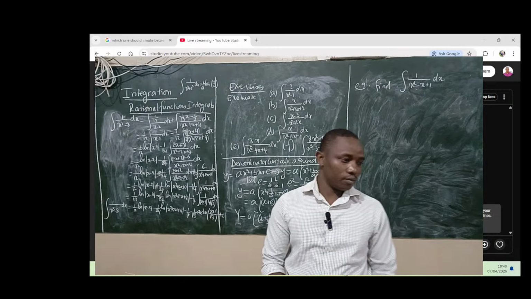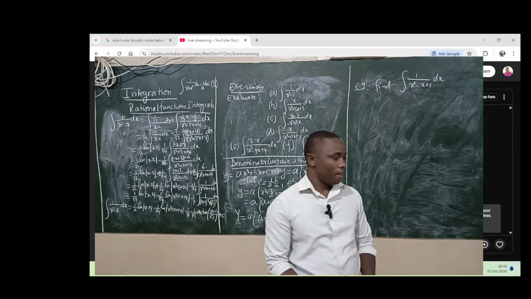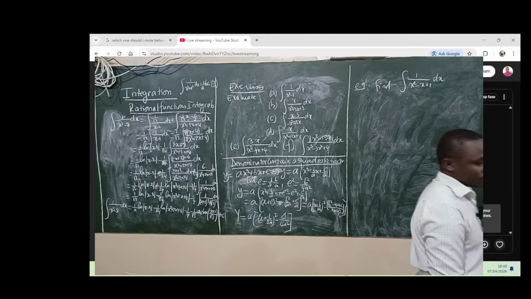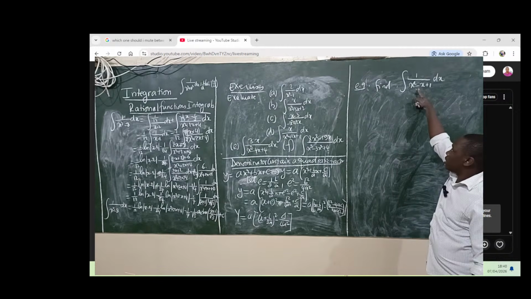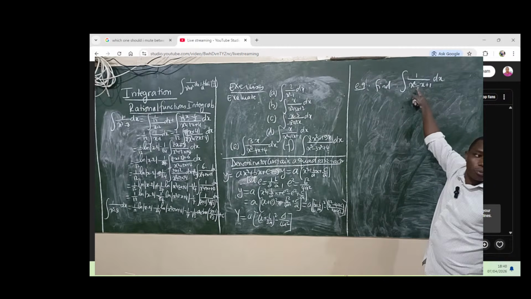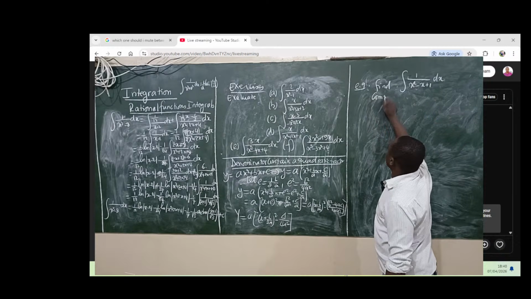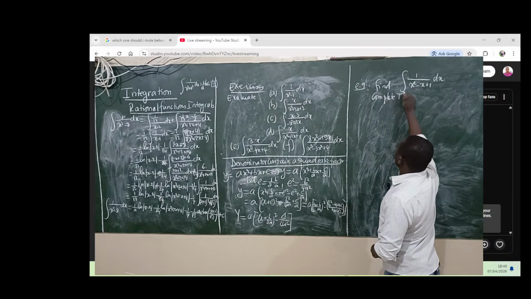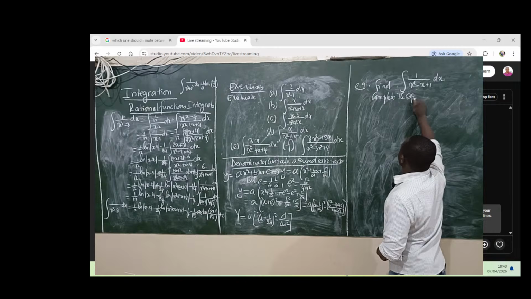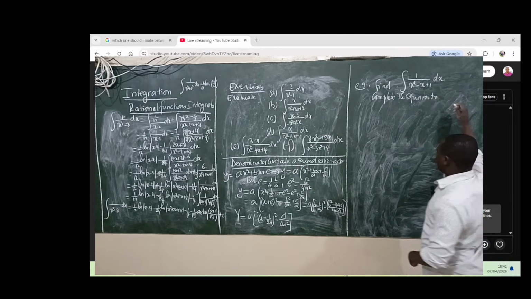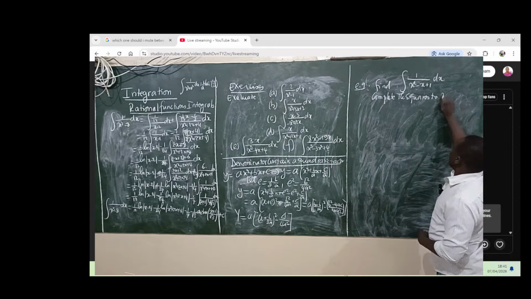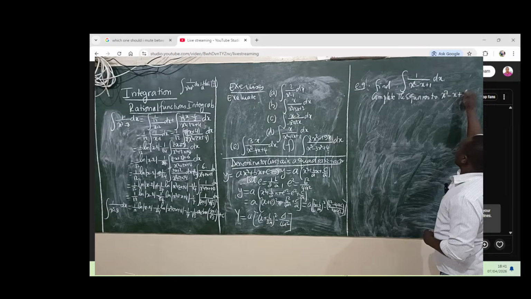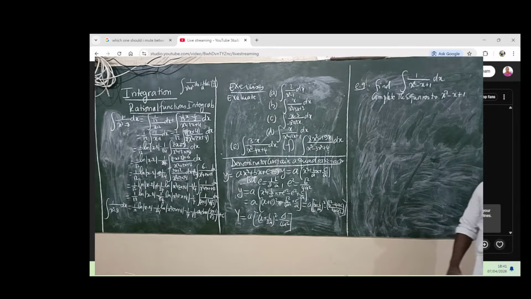Now, to continue with this, we need to complete the squares. This is x squared minus x plus 1. As I told you, we take this coefficient and divide it by 2.